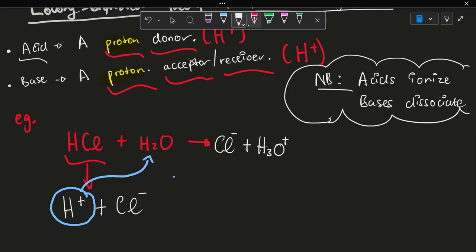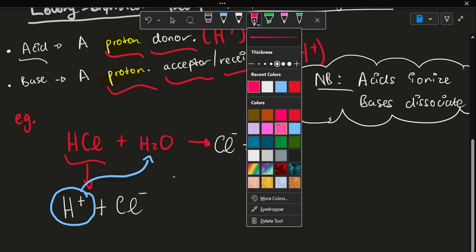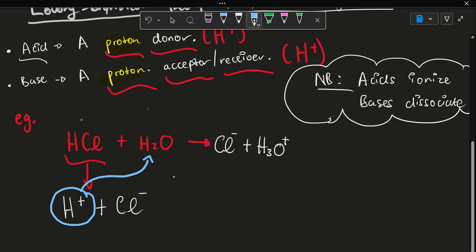According to the Lowry-Bronsted theory, this HCl is a Lowry-Bronsted, I'm just going to write LB acid, right? It's a Lowry-Bronsted acid. Why? Because by definition, a Lowry-Bronsted acid donates an H plus. So that is exactly what HCl did. It gave away an H plus, and then we are safe to say that the H2O is a Lowry-Bronsted base.